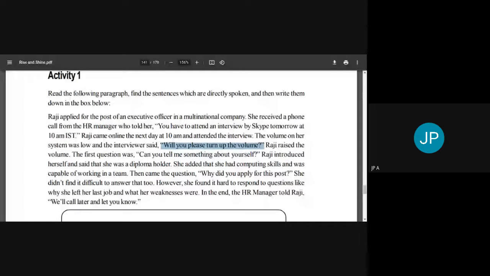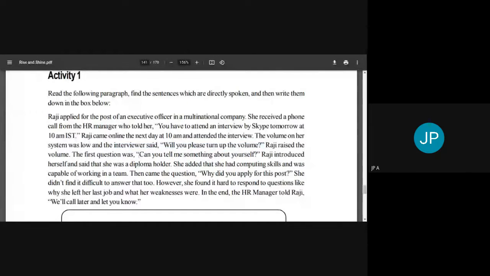Here it is the interviewer. Okay, there are different people. The people who are speaking are mentioned before or after the quotation. So first the HR manager is speaking, then the interviewer is speaking. Okay.